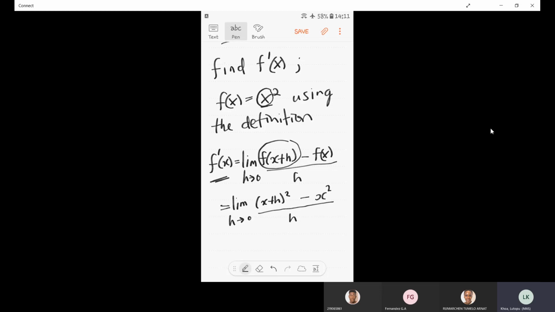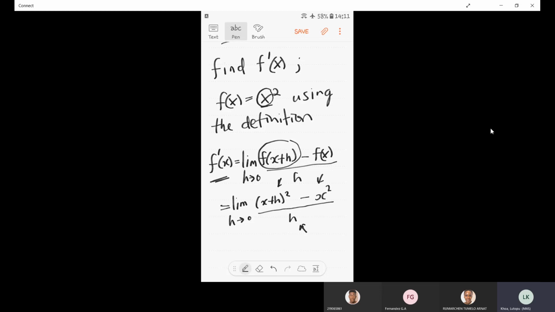Last week when we were doing limits, we said one way to find limits is by directly substituting. If you try substituting here, this will end up as x squared and that will end up as x squared, so this will be 0 as well. So you have 0 over 0, and you need to try and simplify it.